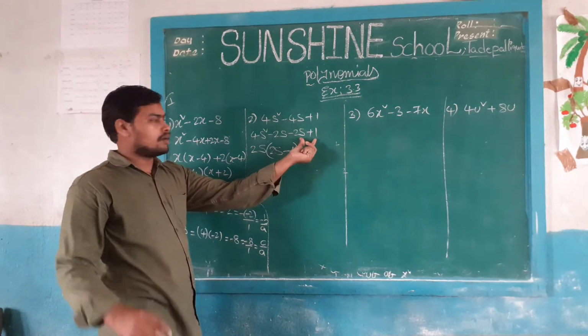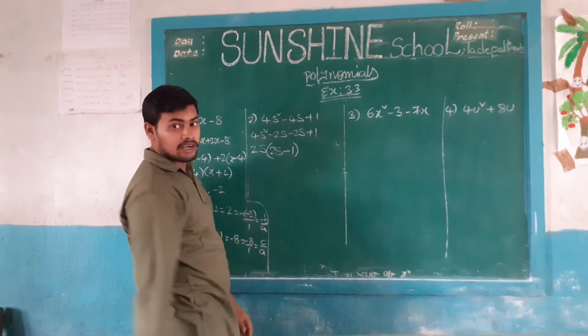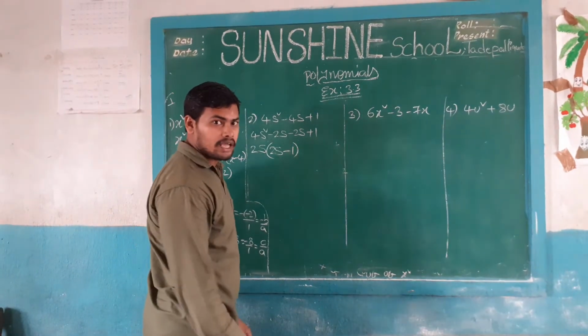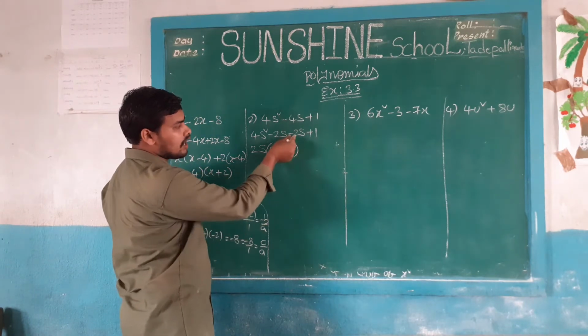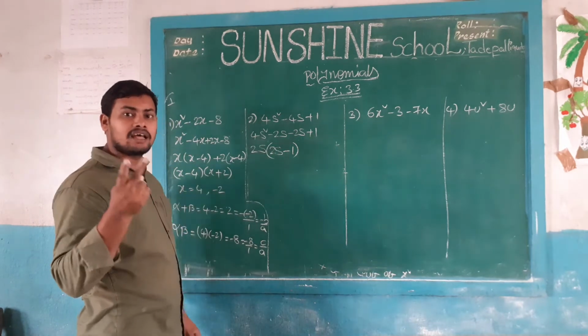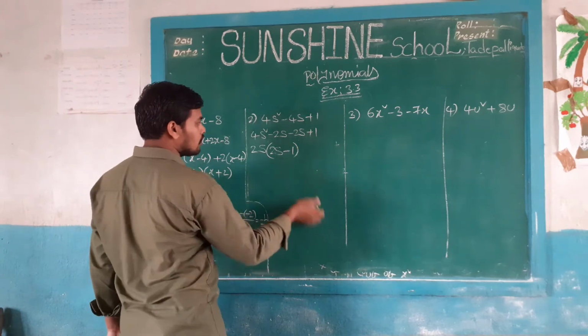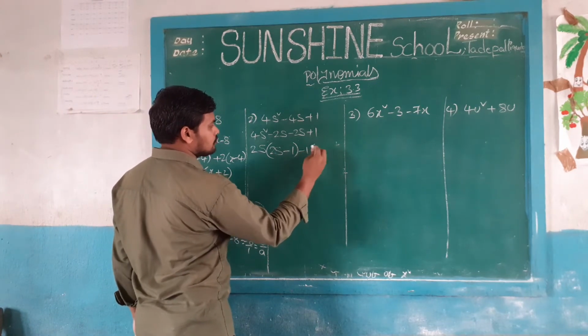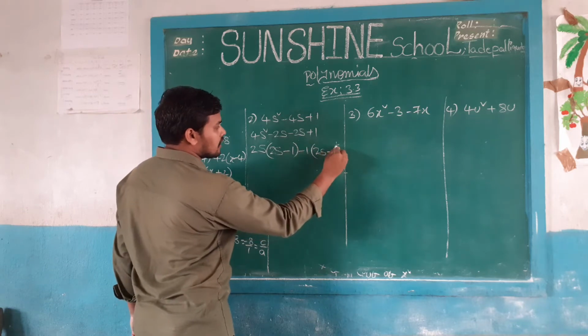So take 1 as the common factor here. Plus 1 or minus 1? You have to take minus 1 because a plus symbol is there and already a minus symbol is there. So minus 2s minus 1.